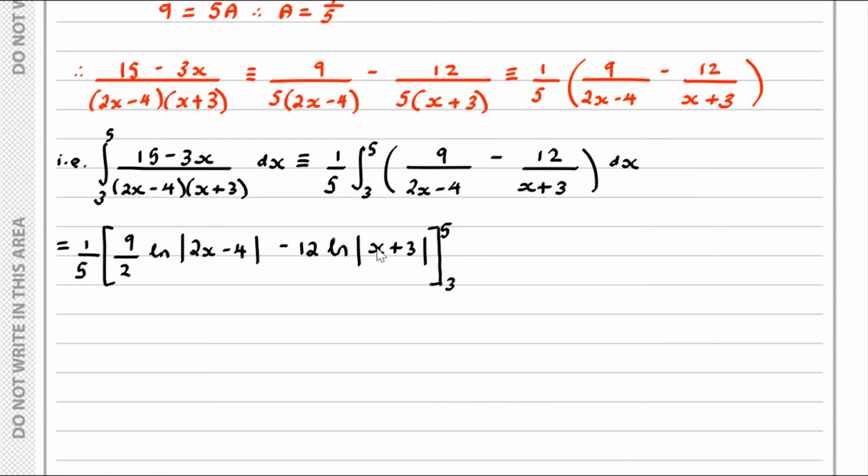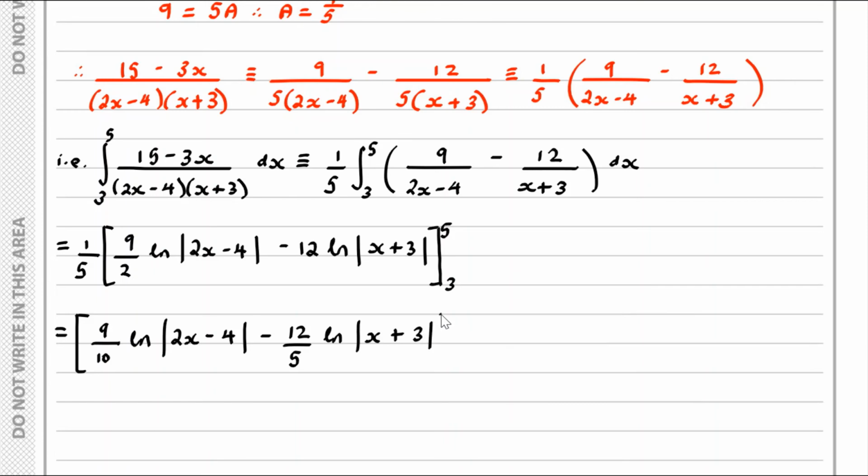And if I multiply the 5 into the bracket, we would have 12 over 10. Sorry, no, we wouldn't. We would have 9 over 10 times the natural log of the mod of 2x minus 4 minus 12 over 5 times the natural log of the mod of x plus 3.